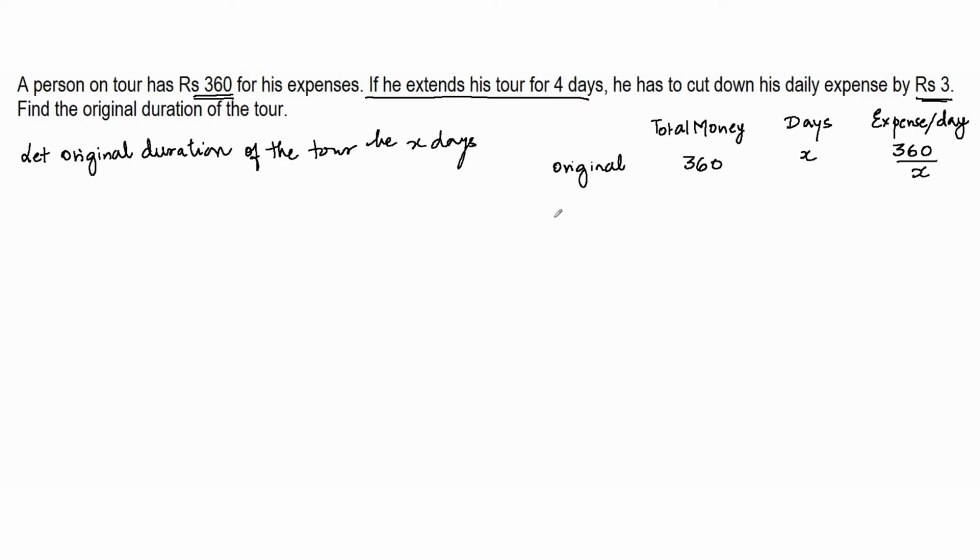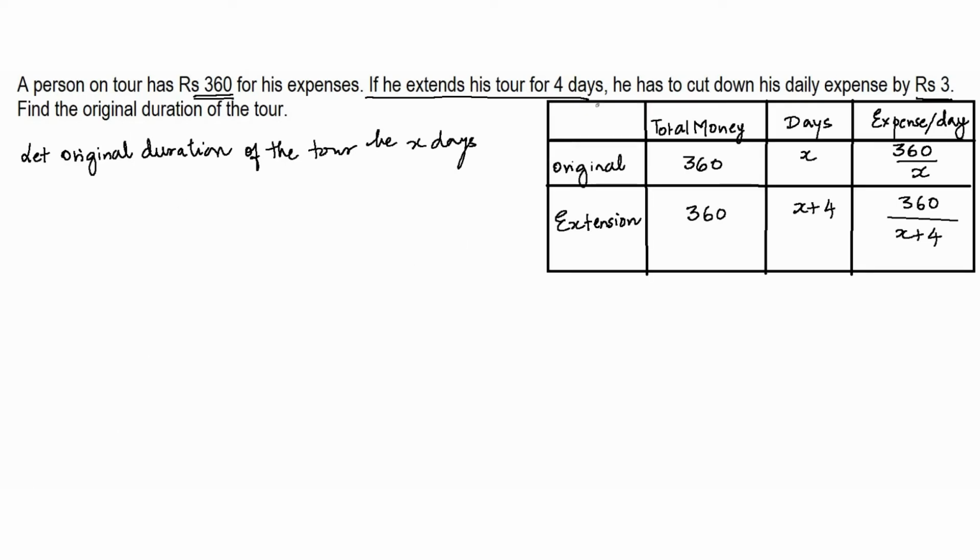Now comes the extension of the tour. So he extends the stay. Now he is having the same money. So again this is 360 rupees, but he is going to extend his tour by 4 days. So the number of days becomes x plus 4, and therefore the expense per day becomes 360 upon x plus 4. 360 divided by the total number of days, right? So now let's see what is given.